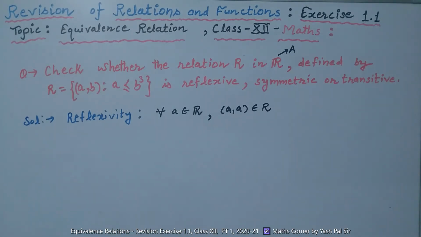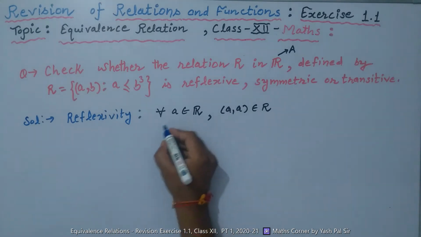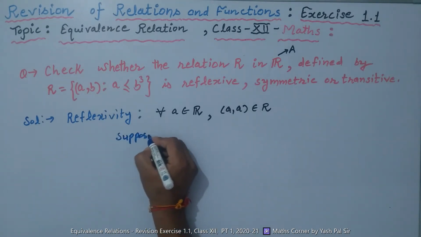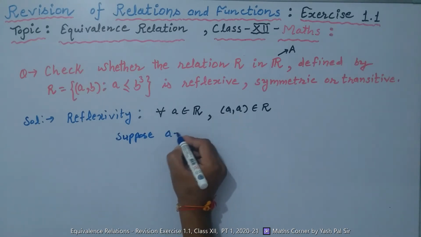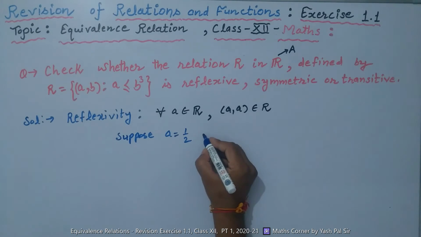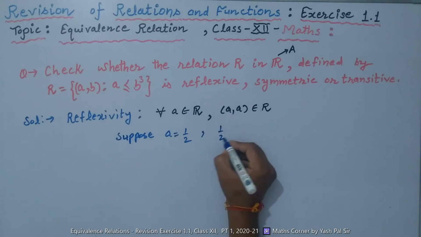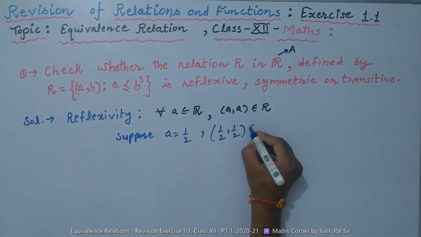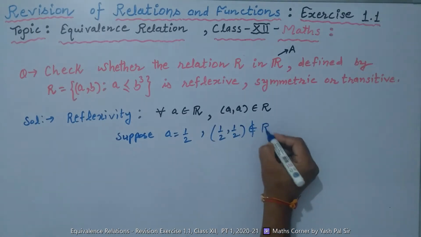Just taking one example, suppose a = 1/2. Then the ordered pair (1/2, 1/2) does not belong to R. Why?